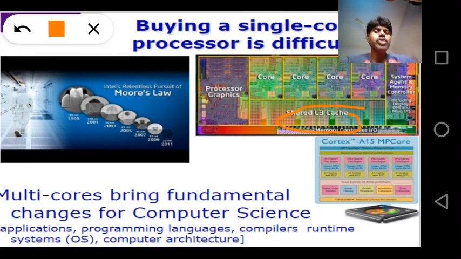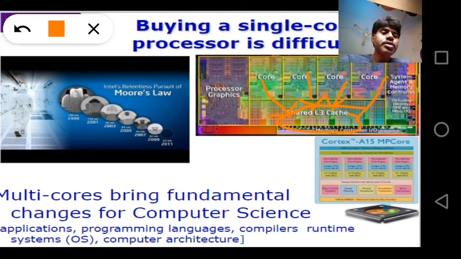Then another challenge that comes here is when all these cores want to access the shared cache, how the cores communicate with the cache memory is much more important. You know, right?